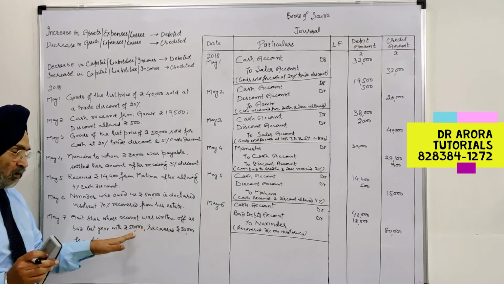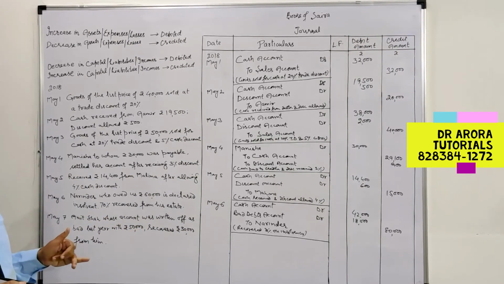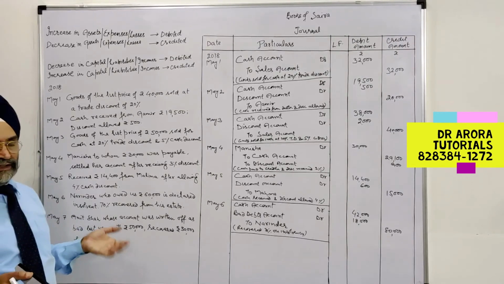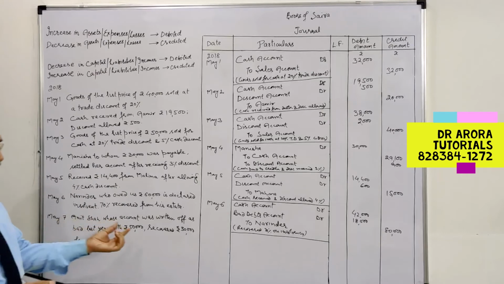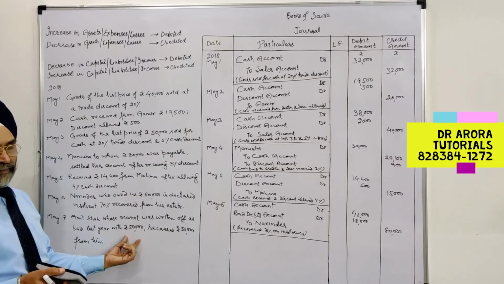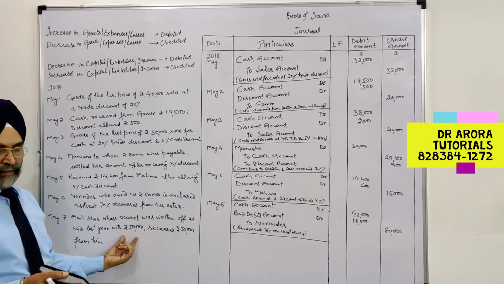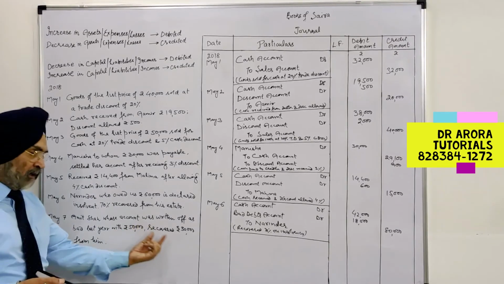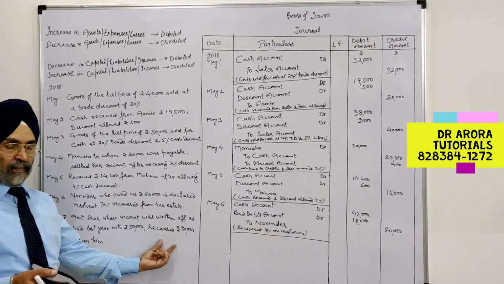The account was closed with 50,000. 50,000 was receivable from that person, and we had to close his account. Amount he was not paying for the last so many years, and we closed his account with rupees 50,000. And here now, 50,000 will be irrelevant for us.